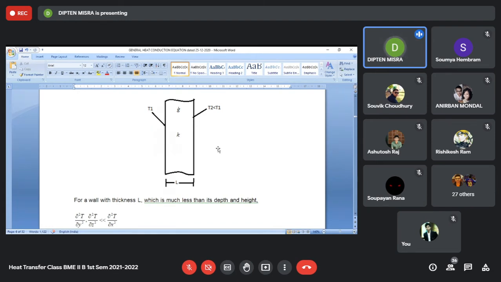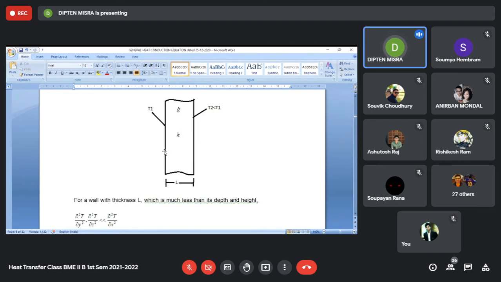If the left surface of the wall is heated uniformly at a temperature T1, and the right surface of the wall is at a uniform temperature T2, but T2 is less than T1, then what will happen?